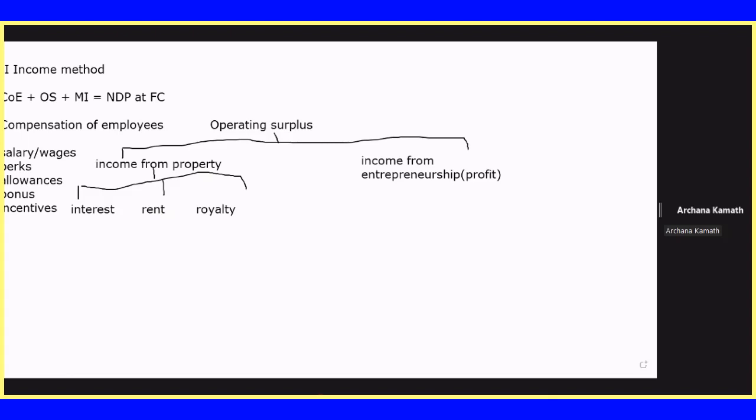At the same time, profit earned through entrepreneurship is also divided into three forms. One is dividends: a firm has to give money in the form of dividends to its shareholders. Then you have to pay corporate taxes.